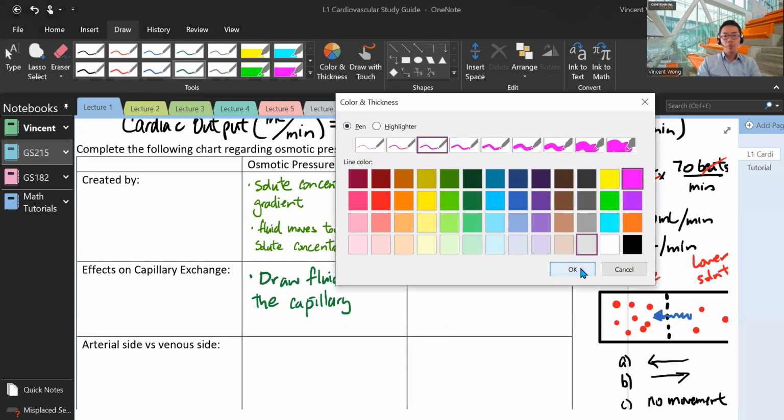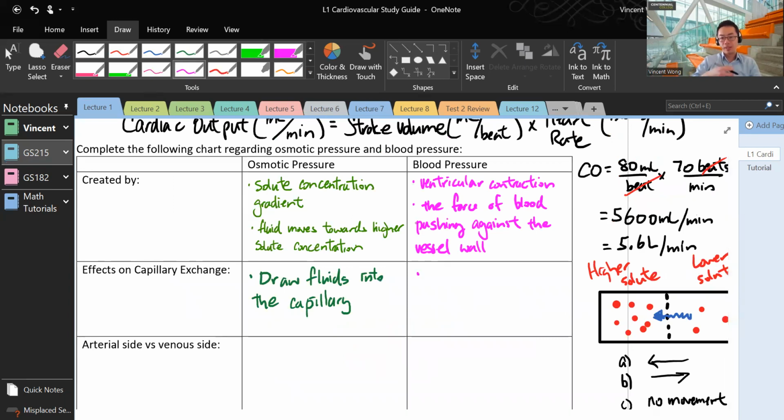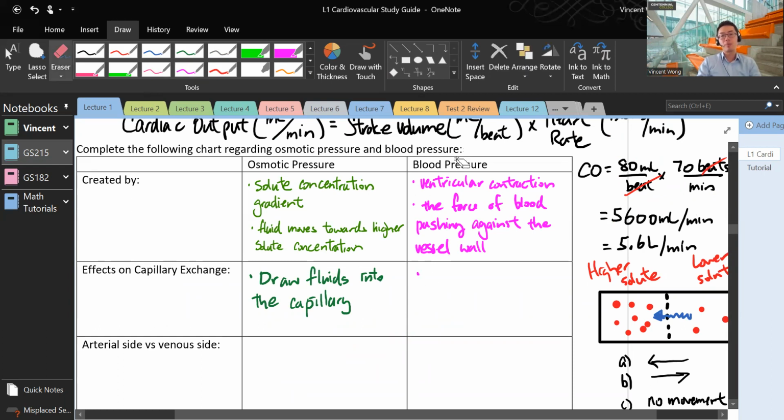And then what about the blood pressure? Well, if you think about a hose and then you poke a bunch of holes in the hose and then you turn on the tap, water's going to squirt everywhere, right? So that's kind of like what blood pressure is doing. It will push fluids out of the capillary. So that's why there are two opposing forces.